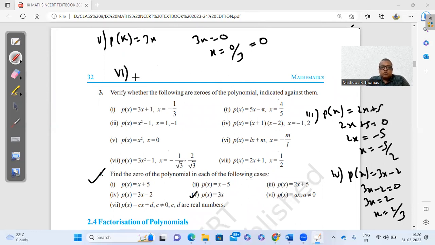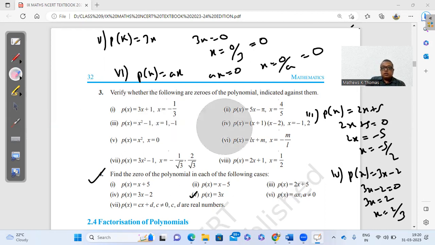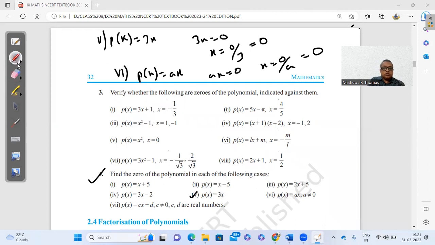And sixth also, same way, P(x) is equal to ax. Ax is 0. So x will become 0 upon a. And 0 upon anything is 0.